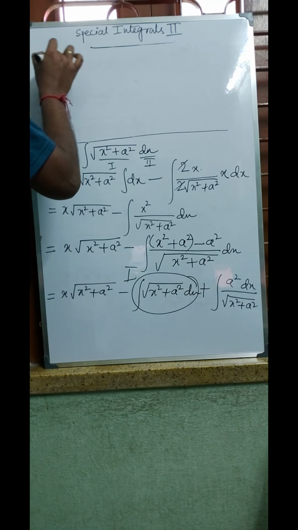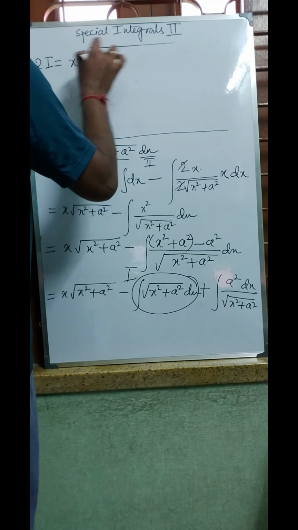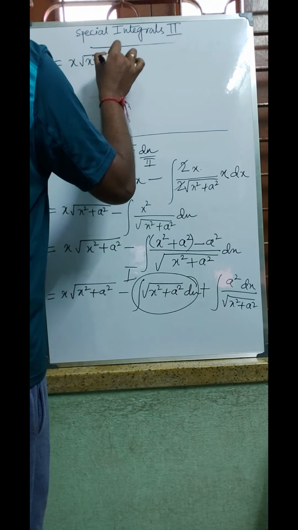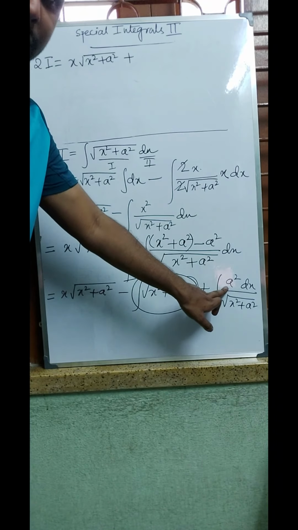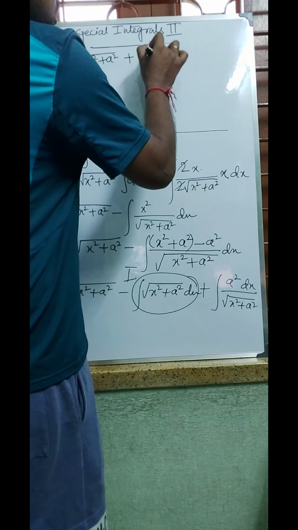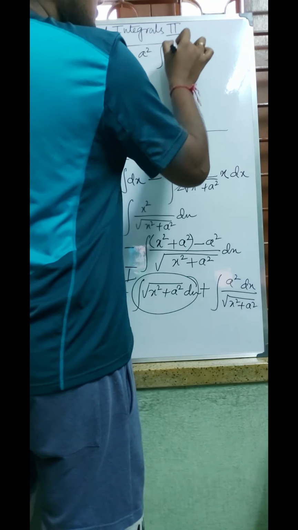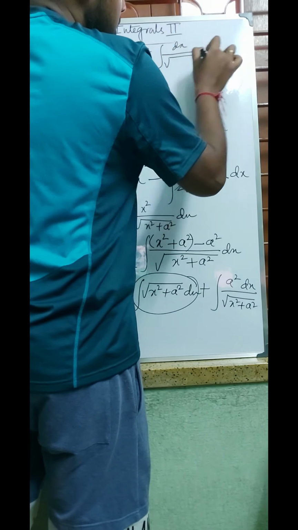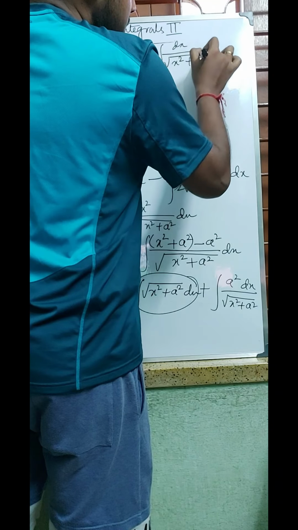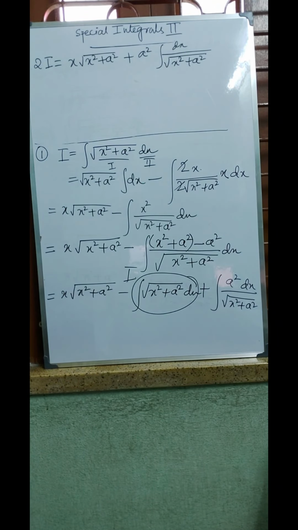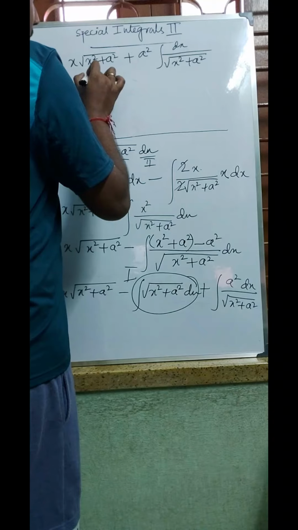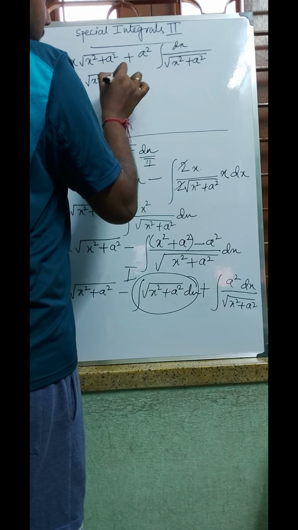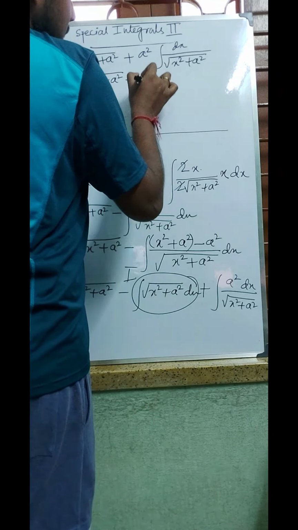So therefore 2I is equals to x root over of x square plus a square plus this a square comes out, so this will be a square integration dx by under root x square plus a square.